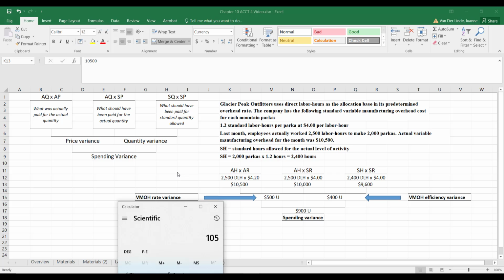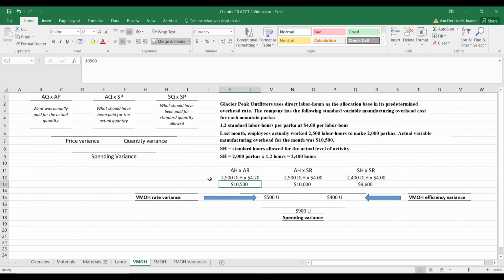So we take the 10,500 spent on actual variable overhead and divide that by the actual direct labor hours of 2,500. So we can see here that the company actually spent about $4.20 in terms of variable overhead for each direct labor hour used.